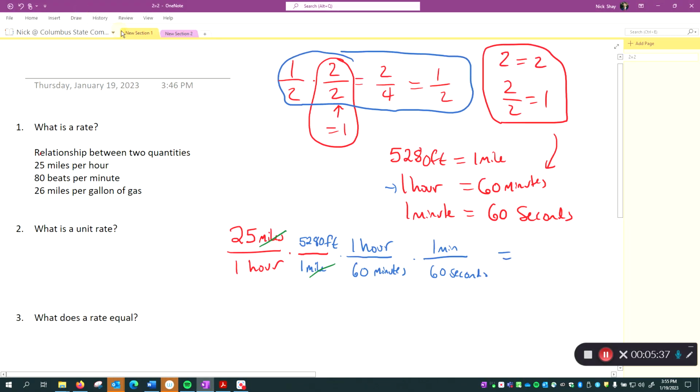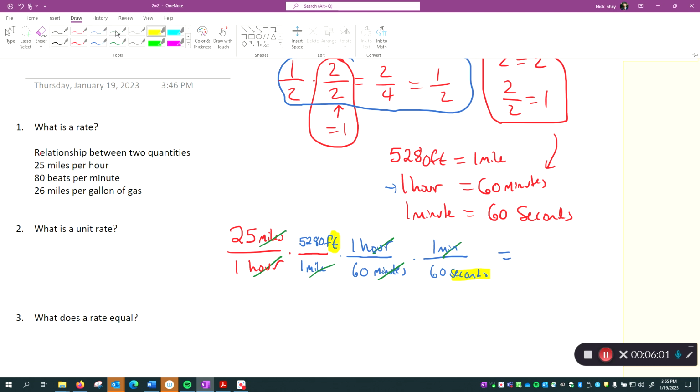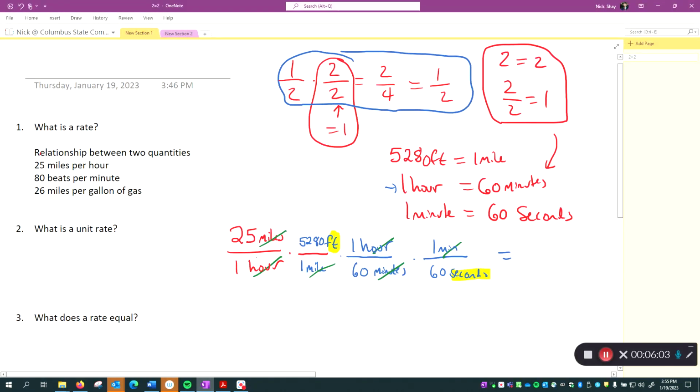Now let's take a look and see what crosses out. Hours are going to cancel, as are minutes. The only unit I have left now is feet on top, and the bottom is seconds. So you can see we are going to be in feet per second. Now, let me get my calculator out. We're going to multiply across. We multiply the numbers in the numerator together and the numbers in the denominator.